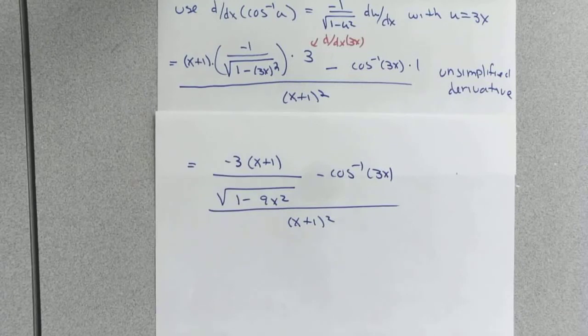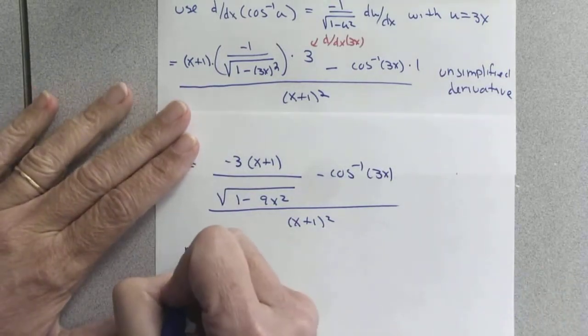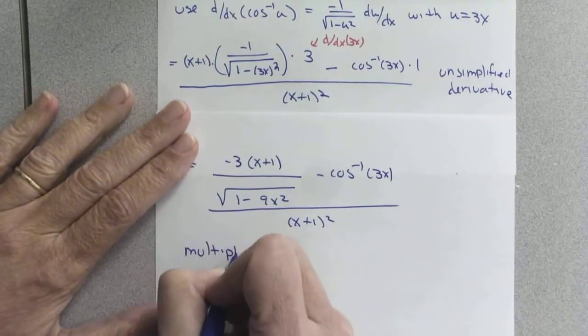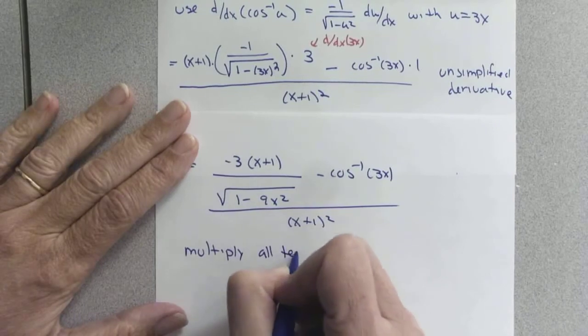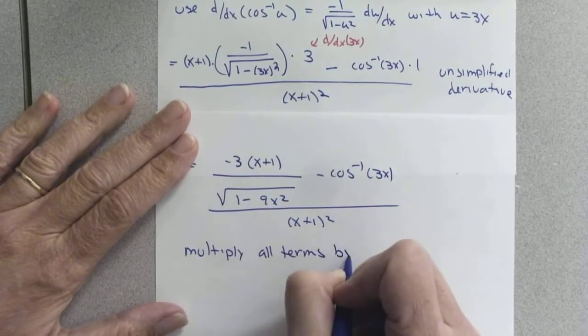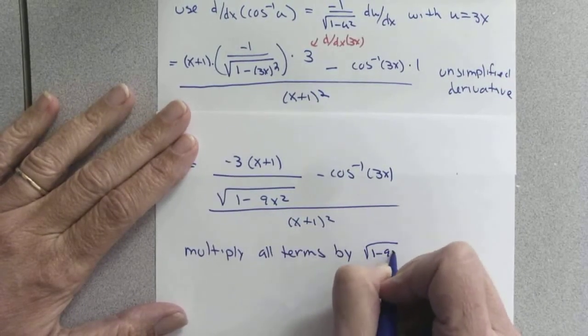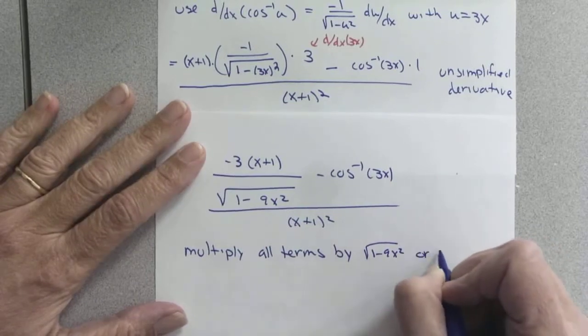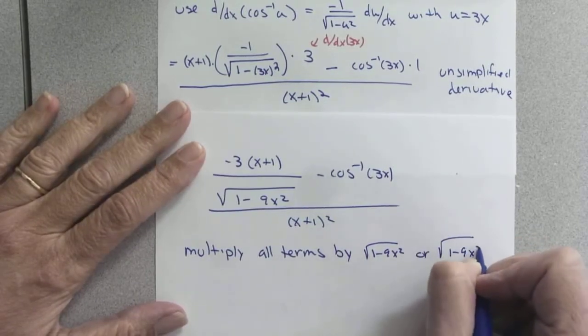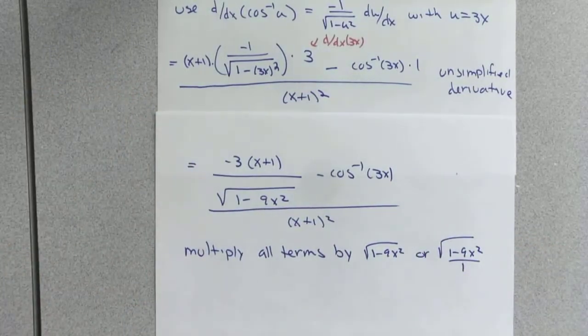Then I don't want that compound fraction. I do not want a fraction inside of a fraction. So I'm going to multiply all terms by the square root of 1 minus 9x squared over 1 to keep things lined up.